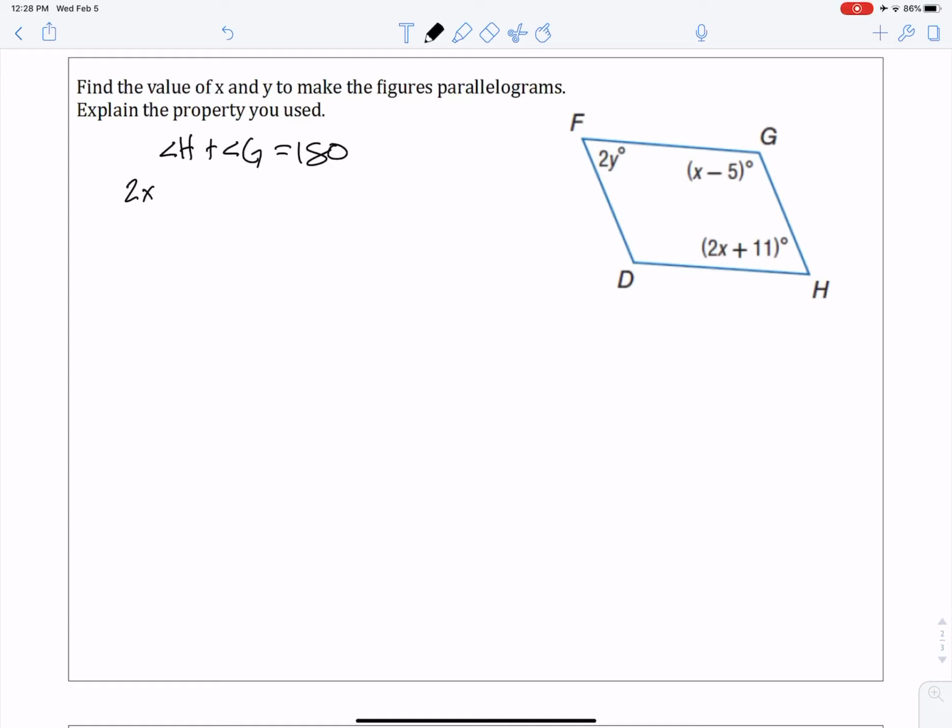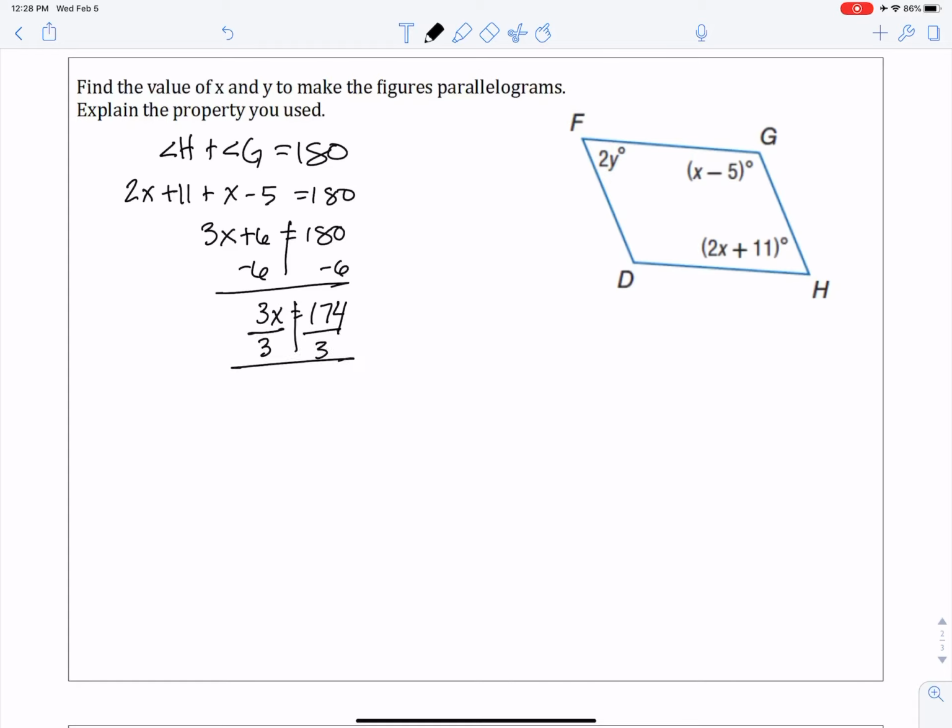So I have 2x plus 11 plus x minus 5 equals 180. So over here I get 3x plus 6, subtract 6, and I get 3x equals 174. So I'm going to divide by 3, and I get x equals 58. So x is equal to 58.